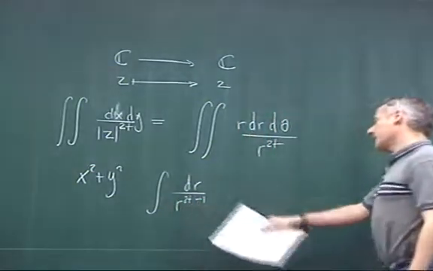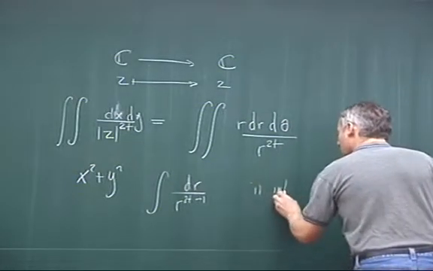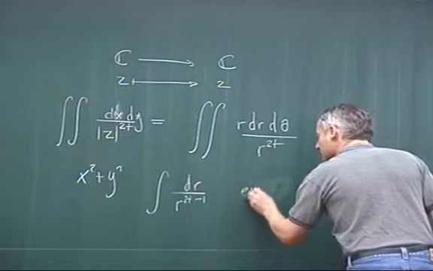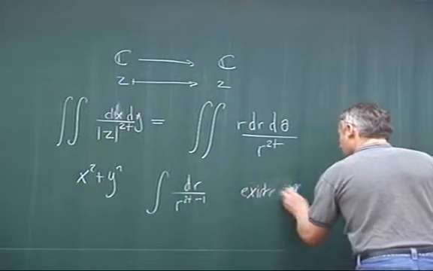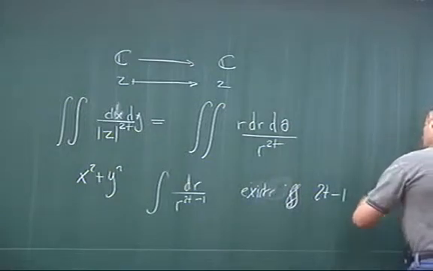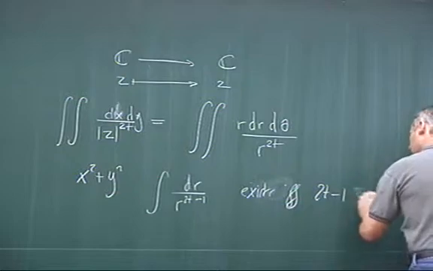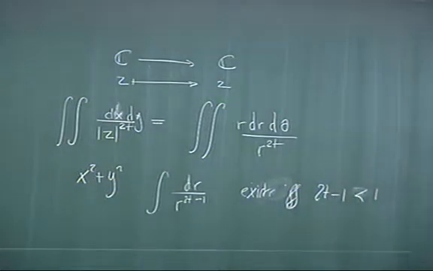What I'm interested in is that. So I need this to be integrable, or to exist, if and only if 2t minus 1 is less than 1, right? So the threshold is 1.